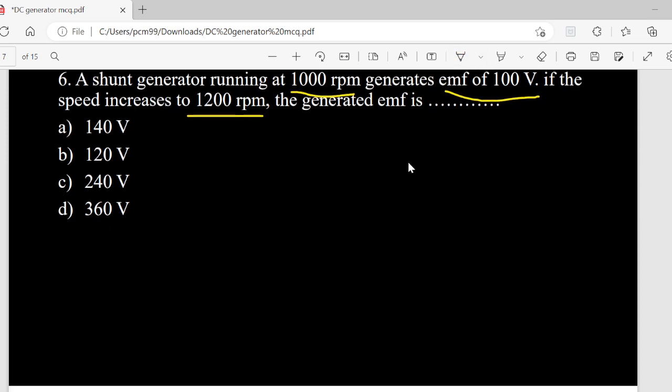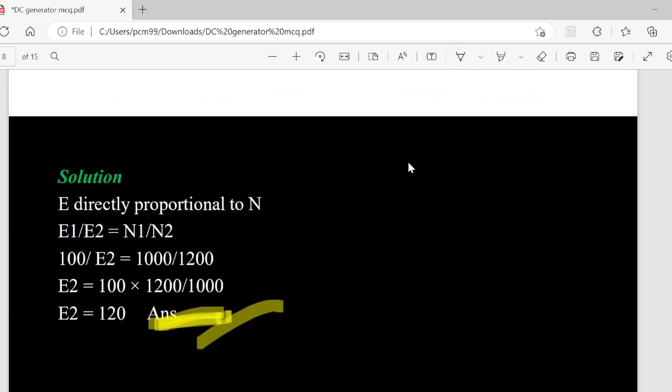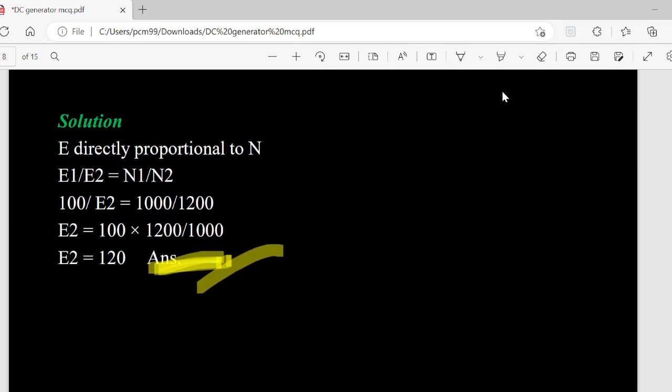Now go to the solution. E is directly proportional to N: EMF is directly proportional to speed. So E1 upon E2 equals N1 upon N2. E1 is 100 volt, N1 and N2 are given, 1000 upon 1200.